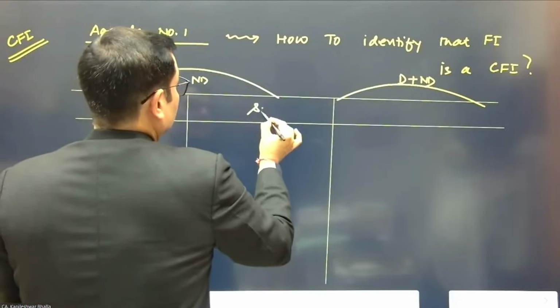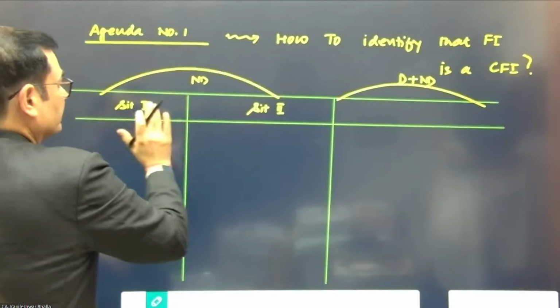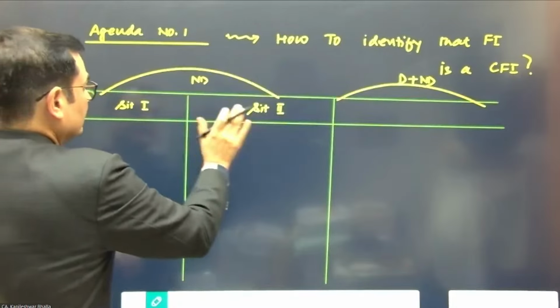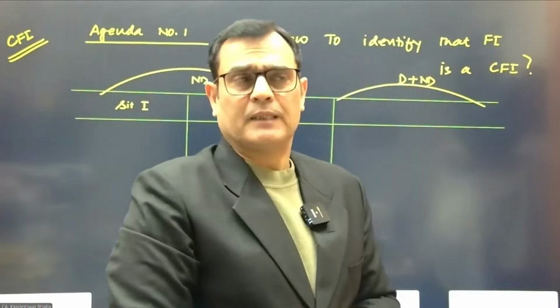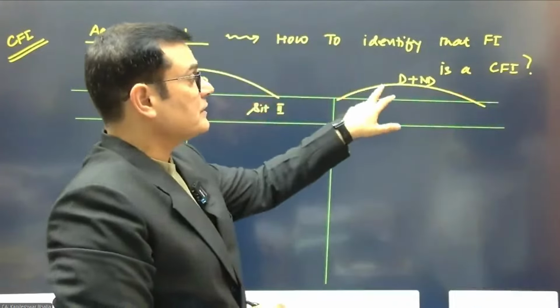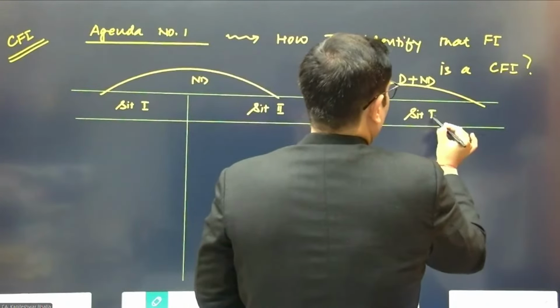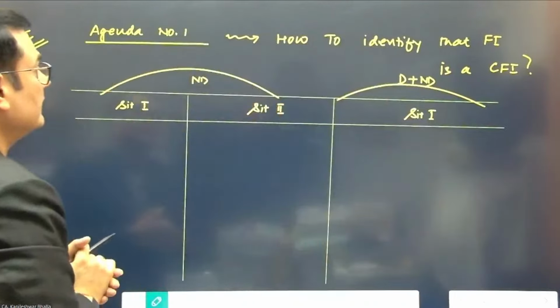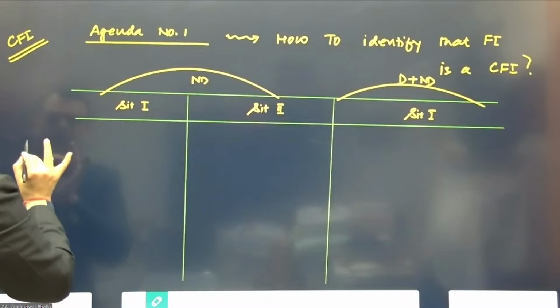I'm giving you a situation number 2 here. So these are non-derivative instruments, mind you, non-derivative instruments where I'll give you examples of a CFI. I'm just connecting the dots earlier done. And then I'm going to discuss only one situation, which is a derivative plus a non-derivative put together. That's embedded derivative.